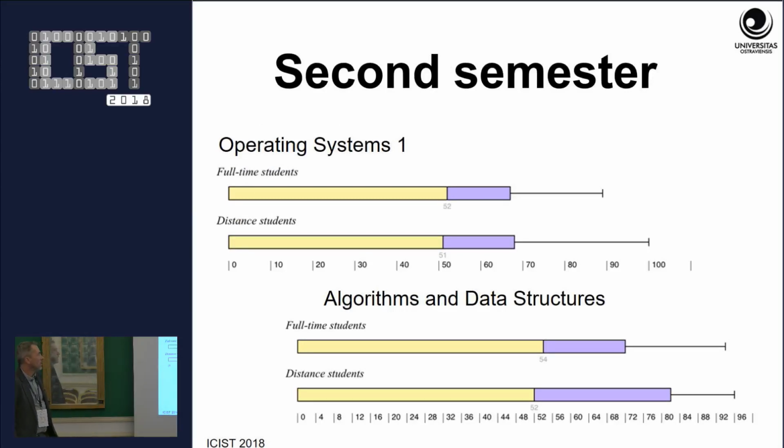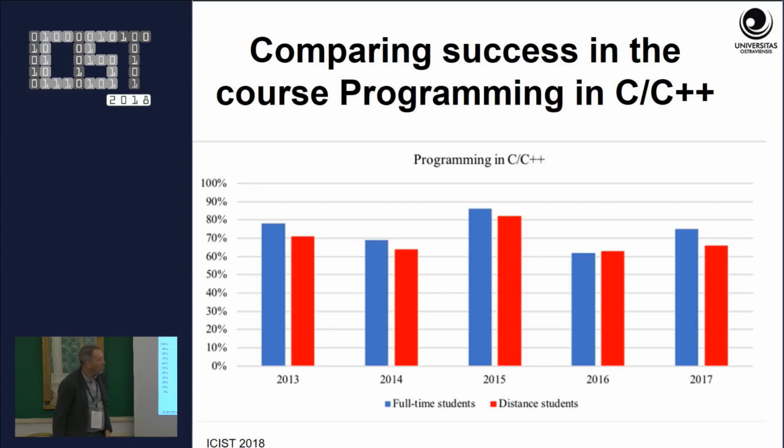In other semesters, it's not a great difference. For example, this graph shows results in the courses operating system 1 and algorithms and data structures, typically in the second semester. The results are similar. In the third semester, it's also not a great difference between the group of full-time students and distance students.